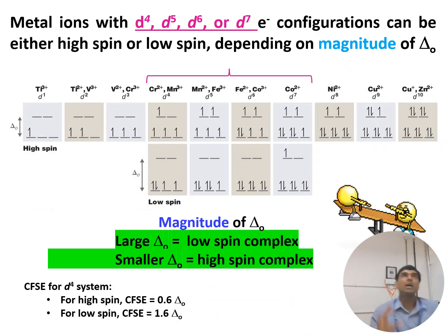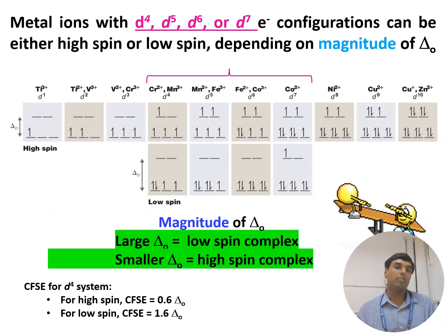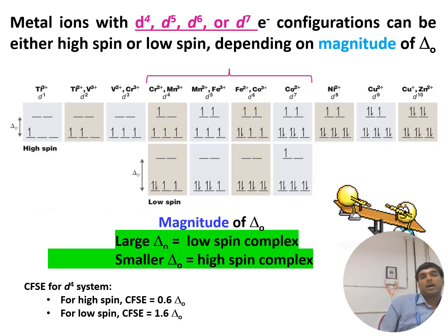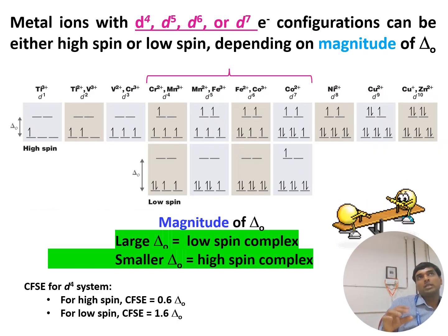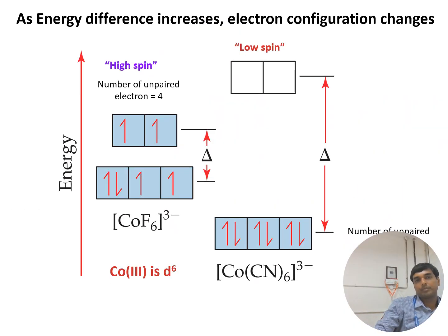So basically large splitting will have low spin complexes where pairing energy is involved, and smaller delta O will have high spin complexes. We can have two examples: cobalt hexacyanide is a low spin complex, whereas cobalt hexafluoride is a high spin paramagnetic complex.